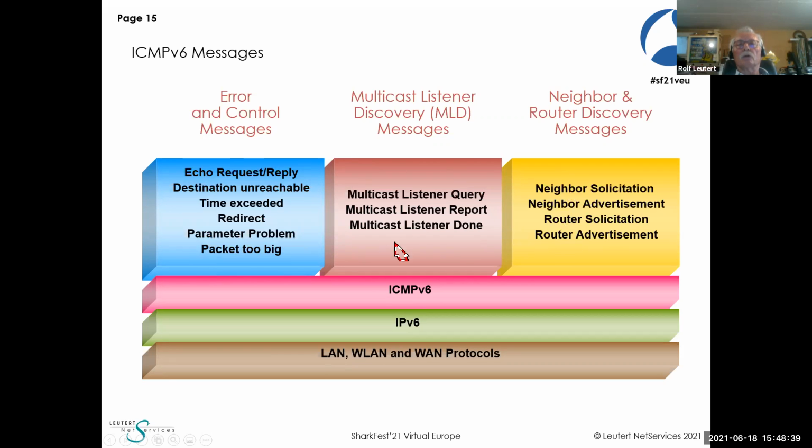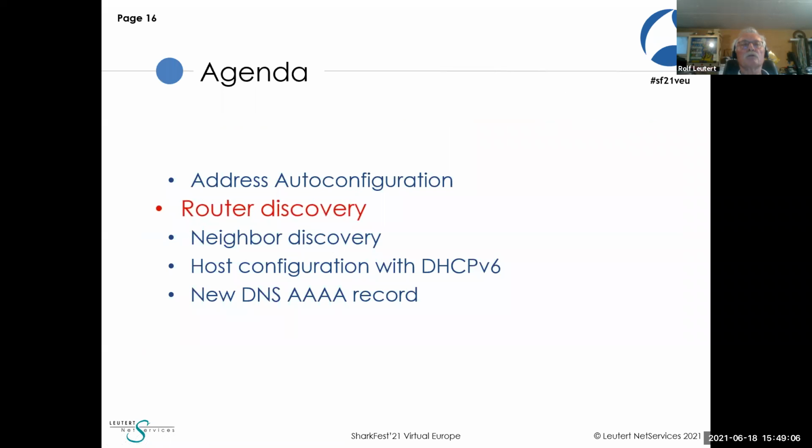We are not going to look at these ones, but just to inform you, ICMPv6 will also replace the IGMP, the multicast protocol. It's done via ICMP with these multicast messages here. So IGMP is not used anymore in IPv6. But we are going to focus on that one here. That's what is most probably used.